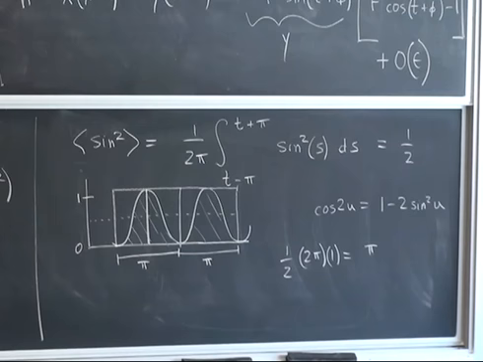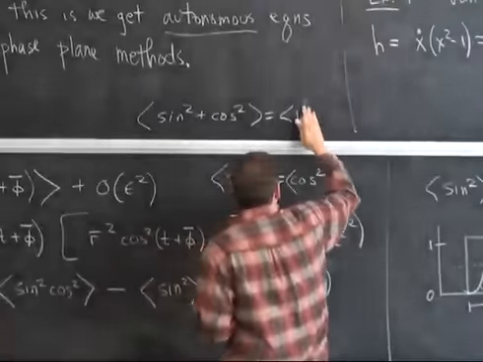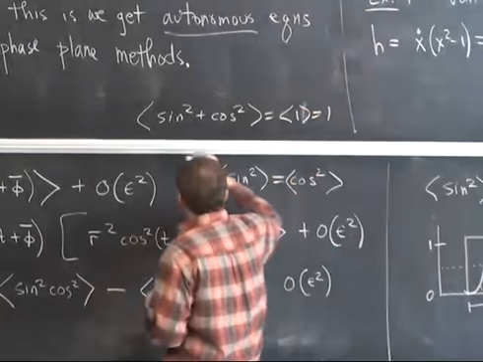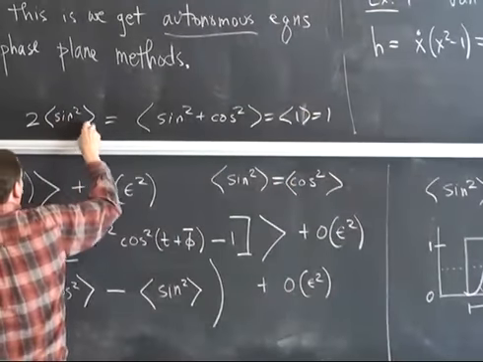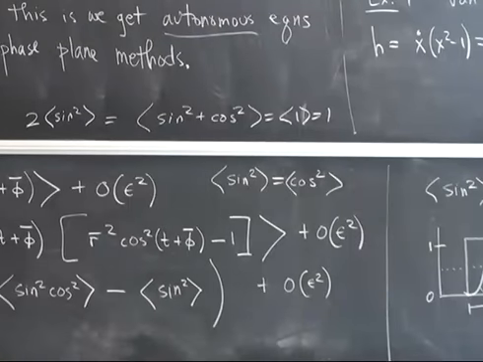Sine squared plus cosine squared is 1. So the average of sine squared plus cosine squared is the average of 1, which is 1. But this is 2 times the average of sine squared. So that's another way to see why it's a half.